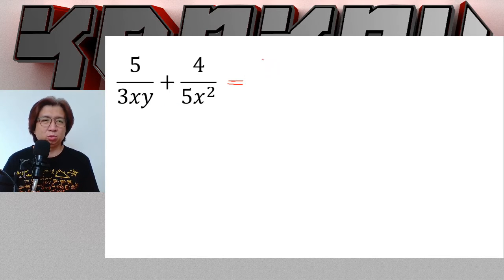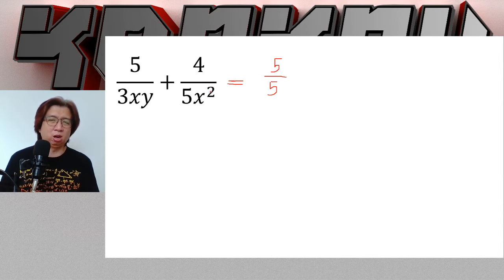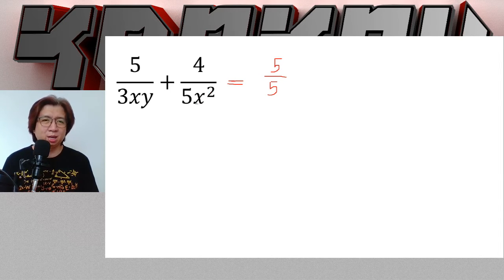So I am going to multiply this by 5 over 5. Next one. Notice that the denominator of the second term has x squared, and on the first term is only x. So to make it x squared also, I have to multiply it also by 5x over 5x.